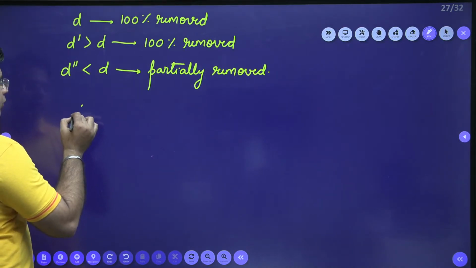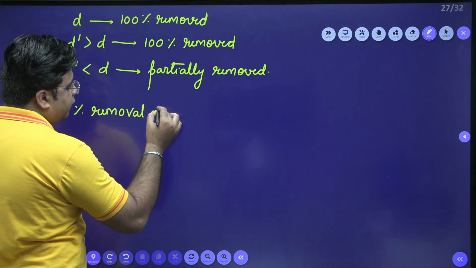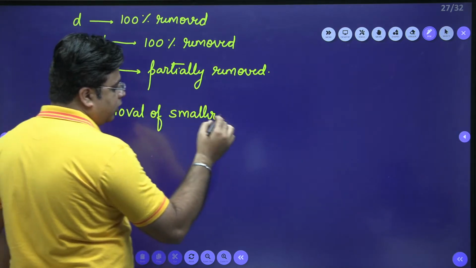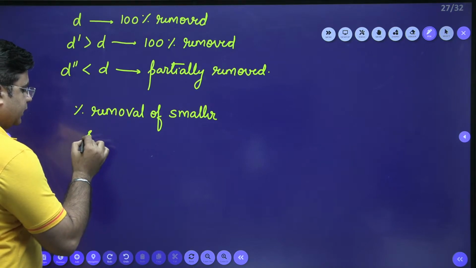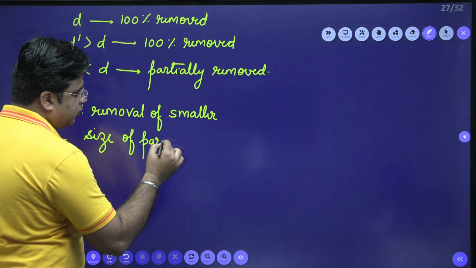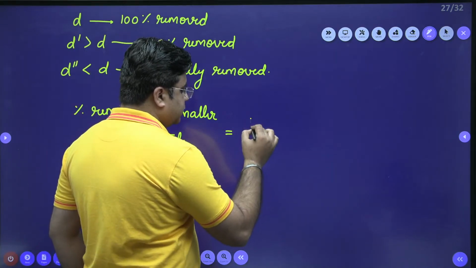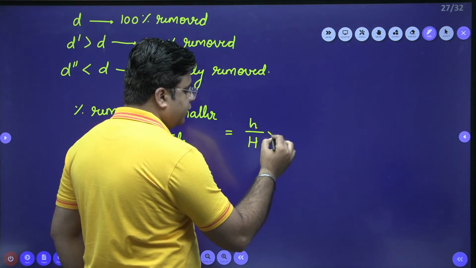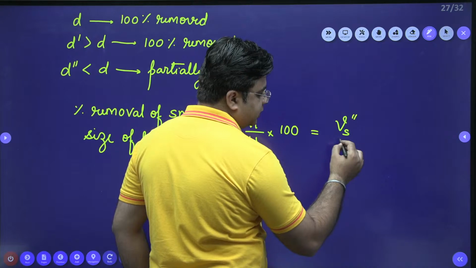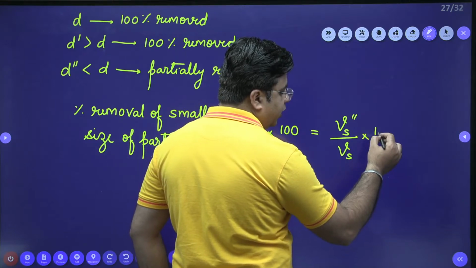And the percentage removal of smaller size of particle is equal to small h by capital H into 100, or this is equal to the settling velocity of the smaller size of particle divided by the settling velocity of the concerned size of the particle into 100.